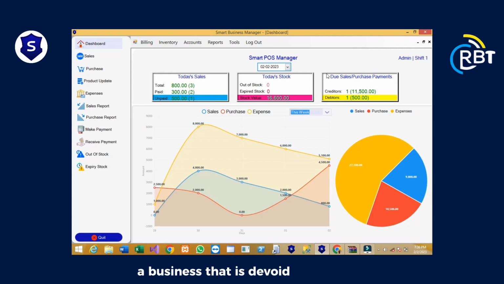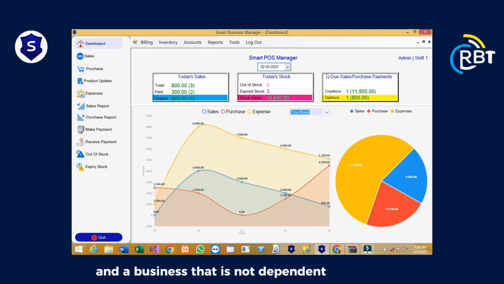A business that is devoid of pilferages, people stealing from you, a business that is devoid of wastages, different forms of wastages, a business that is positioned for expansion and growth. Of course, a business that can run very well even in your absence. So when you are not there, your business should be able to run effectively even without you.